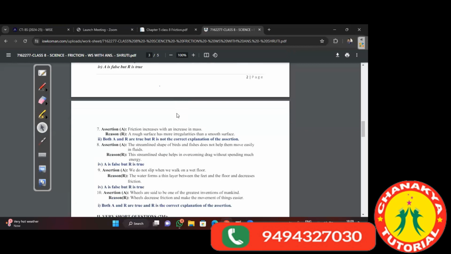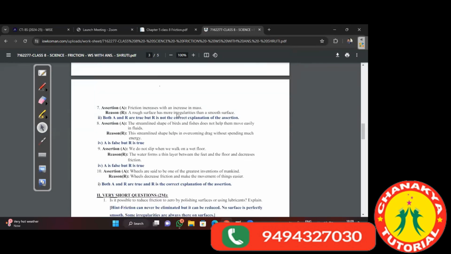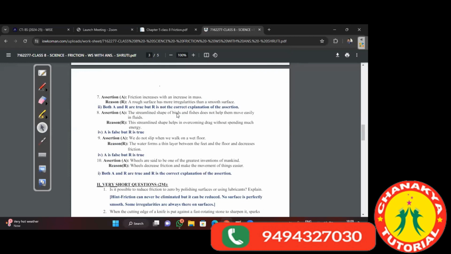So for question 8, we can leave it right now since we have not done fluid friction. Okay, we can do question 10. See, question 10: wheels are said to be one of the greatest inventions of mankind.